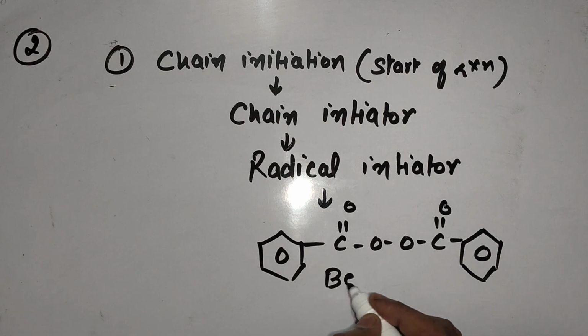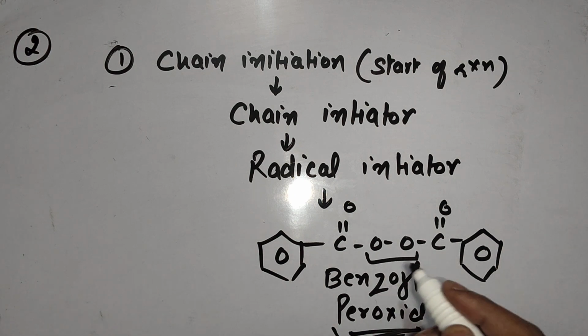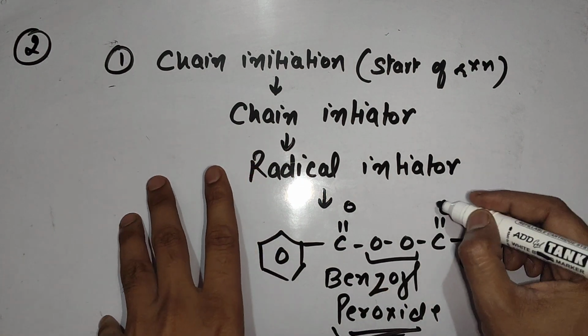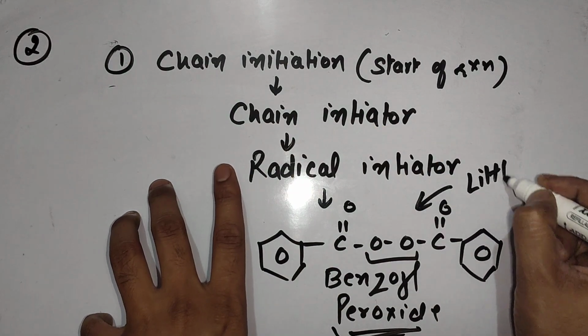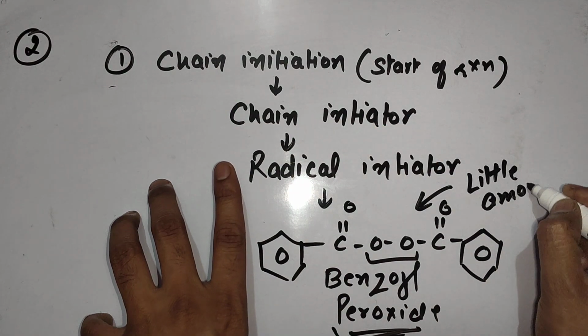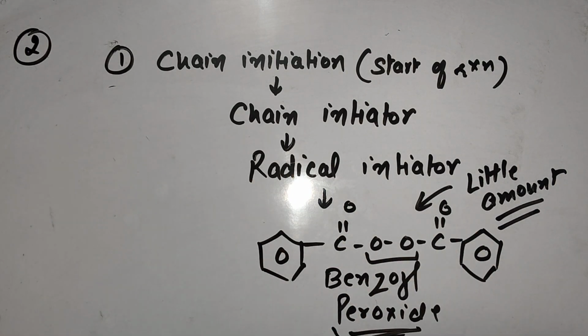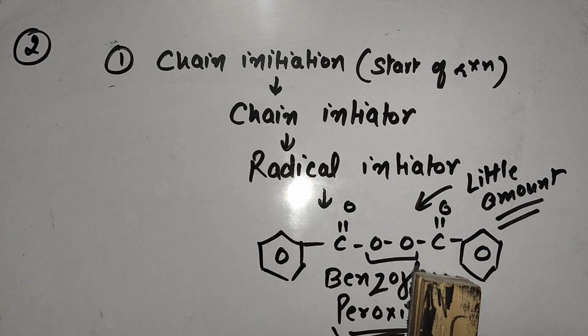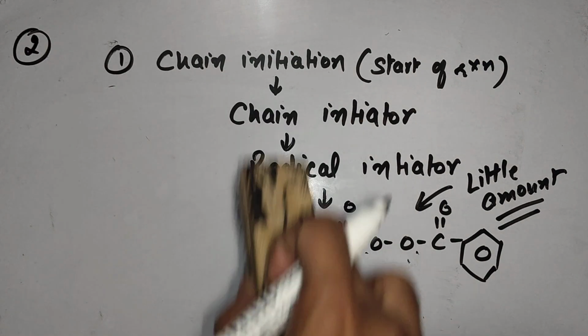This is benzoyl peroxide. Again, you can check, it is a peroxide, this one. A very small amount of benzoyl peroxide we will put in cumene, and we will heat it. What will happen? This benzoyl peroxide will start this whole chain process.